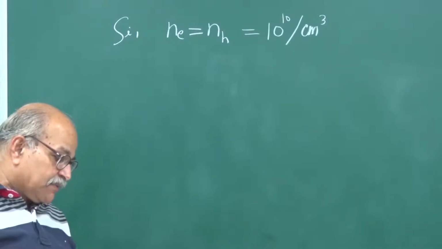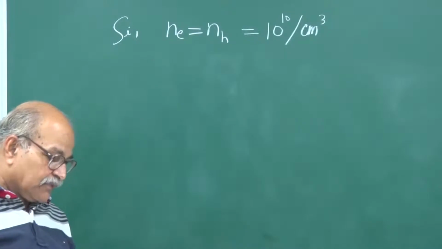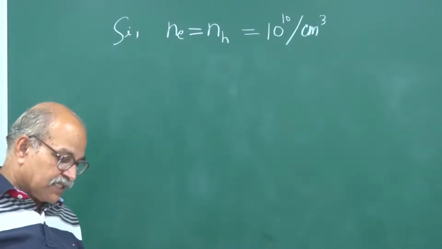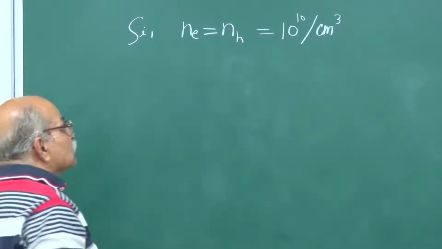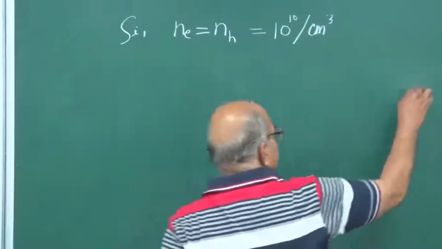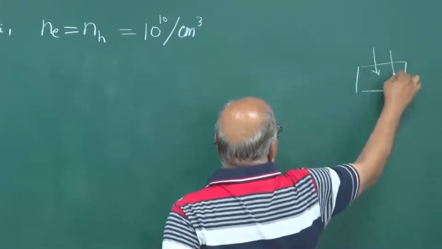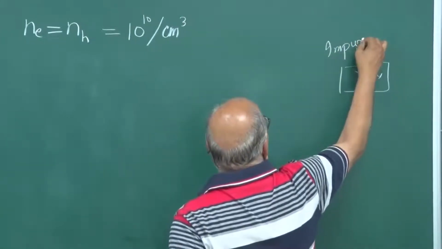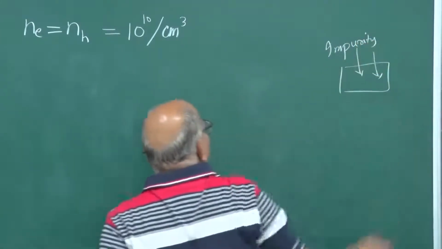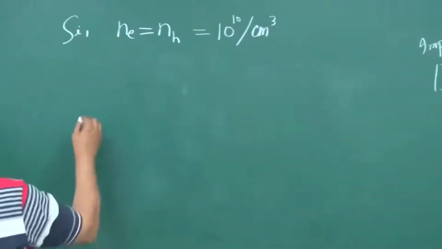A p-type semiconductor is made by doping impurity with concentration 10 power 17 per centimeter cube. So in this intrinsic silicon, you dope some impurity, and that impurity concentration is given, it is 10 power 17.